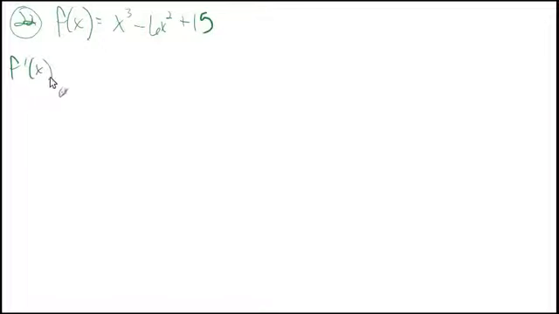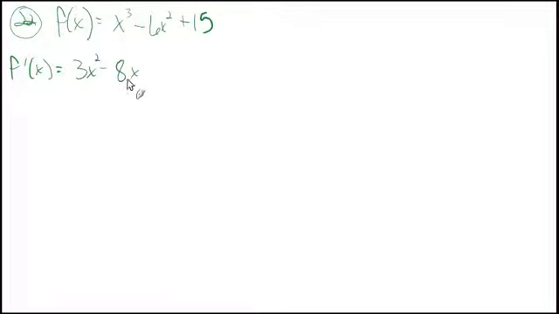Let's go to 22. Gonna do the same kind of thing on 22. What's the third? 6x squared plus 15. Alright, find the derivative. Always want to start with that. 3x squared minus 8x.